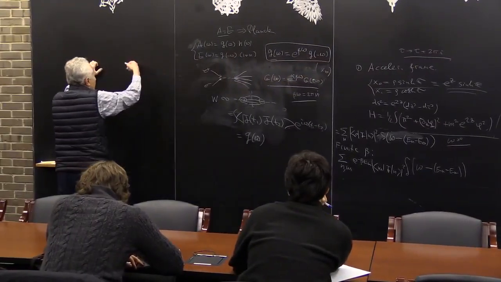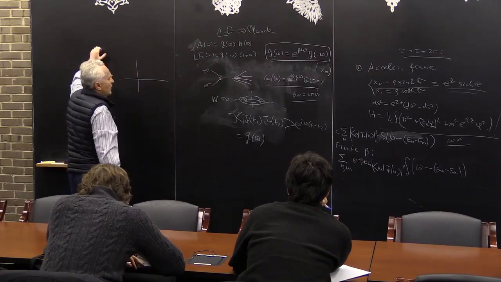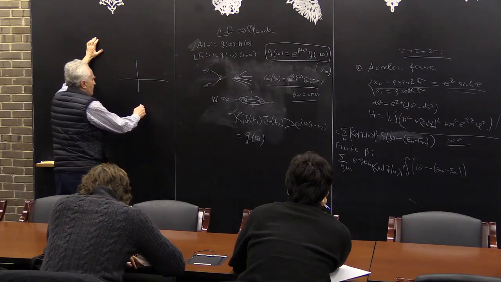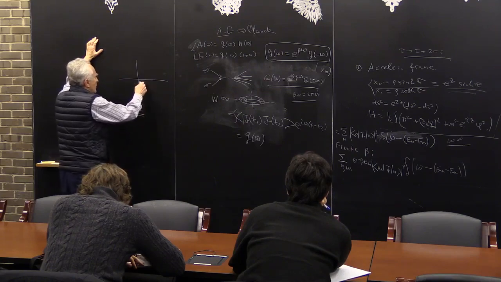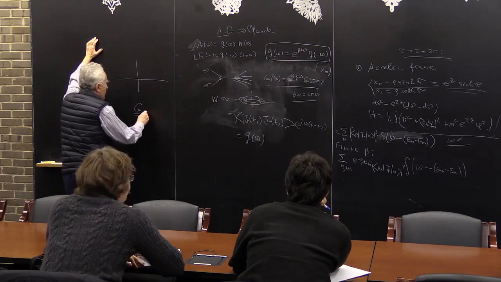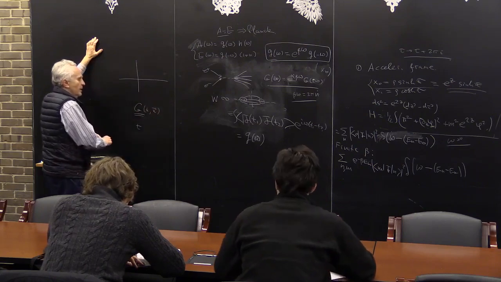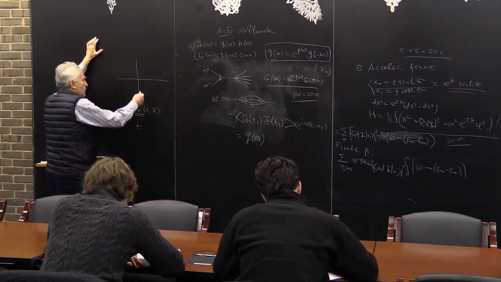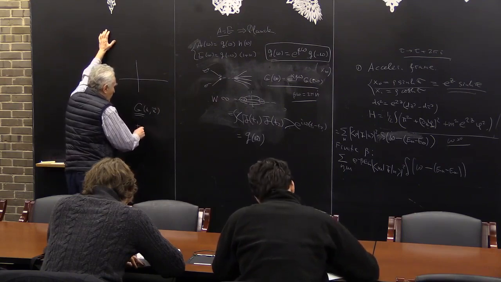More generally, it's a small digression. The Green function of a system at finite temperature looks like the following. Without temperature, let's consider the function of t and x, which are differences between 1 and 2.